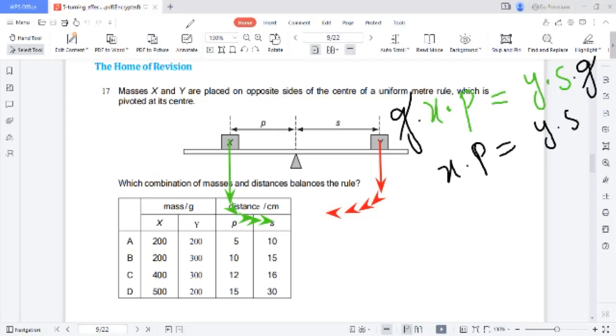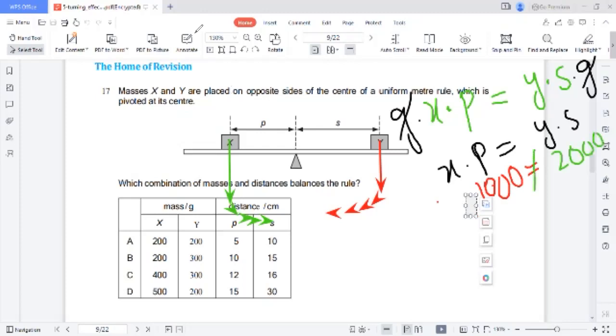Now let's multiply. X is 200 and P is 5. So 200 times 5 is 1000. The first option is 1000 here, and on the right hand side 200 times 10, which is 2000.